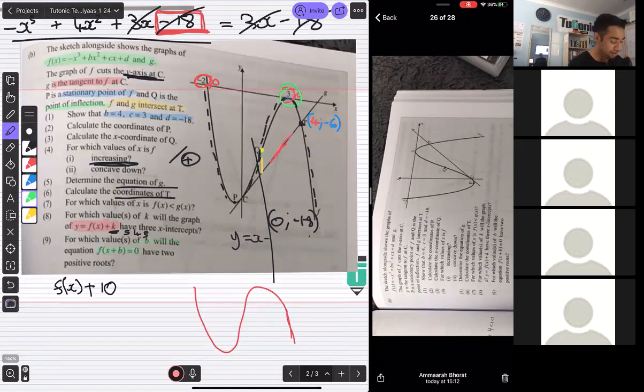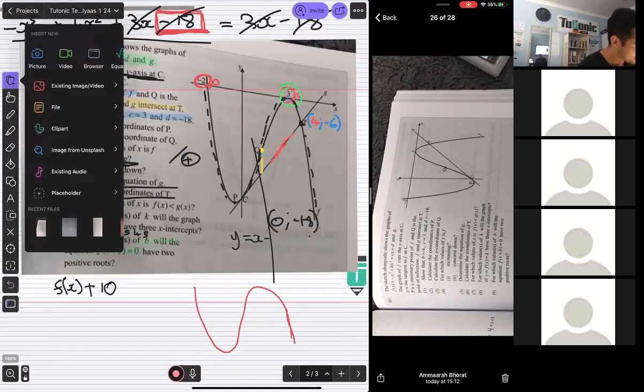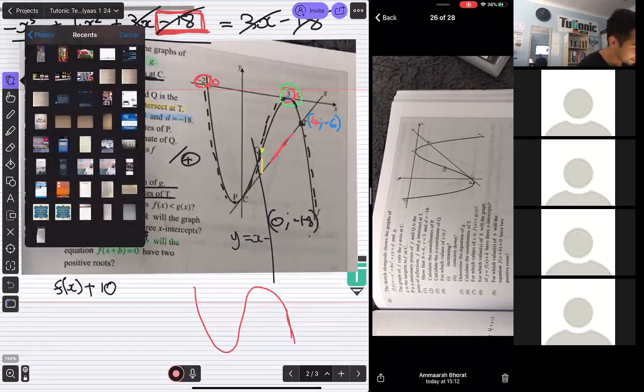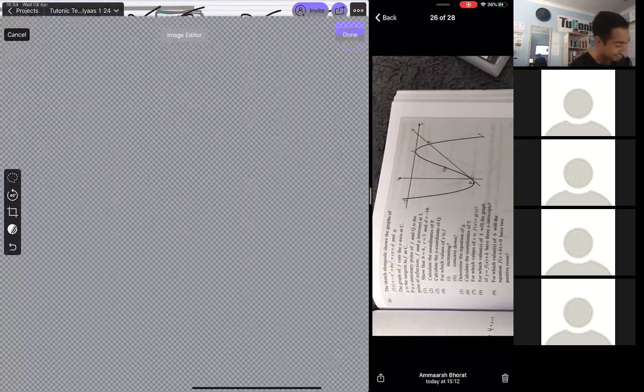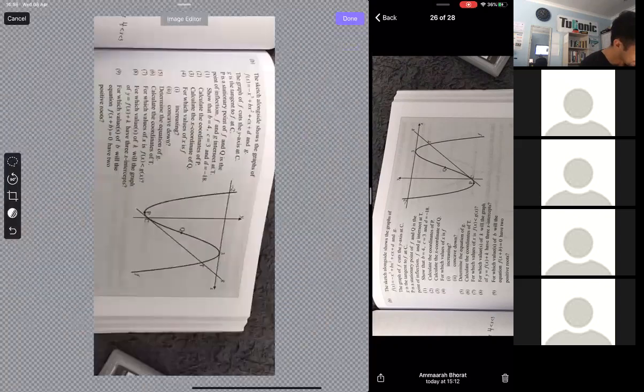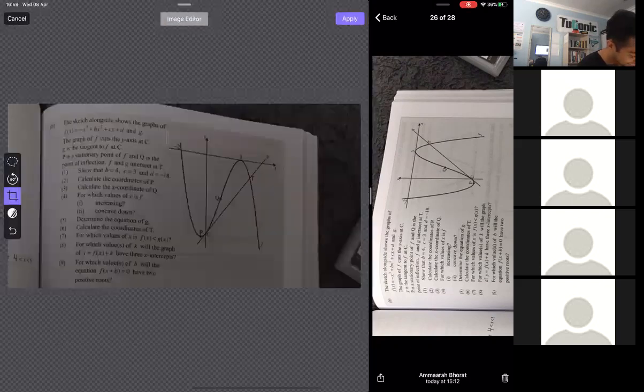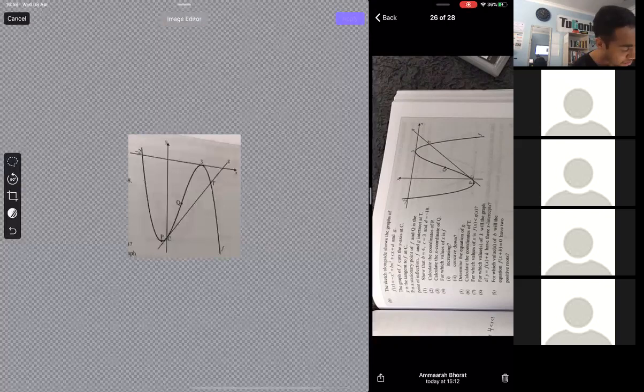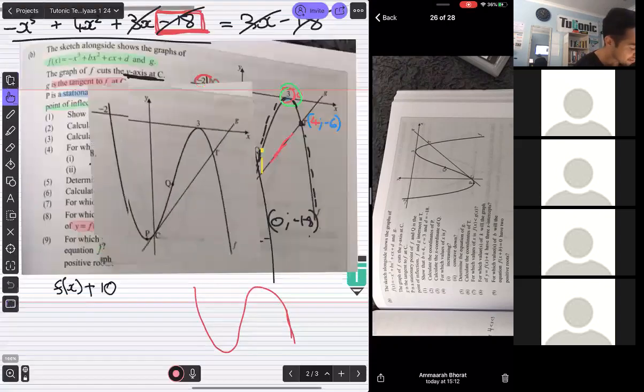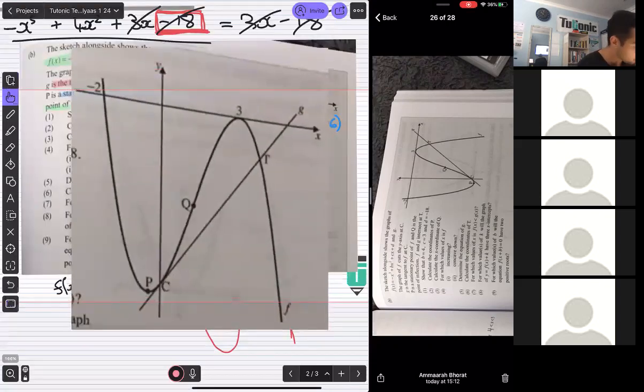So now we have to understand, what does b mean? Here k was a vertical shift, but what do you guys think b is? Horizontal shift. Yes, it's horizontal shifts. Now, what is it asking you? It's asking you, how must I shift this graph left and right such that I have 2 positive roots? Now, what do the roots mean? What did we say the roots mean?